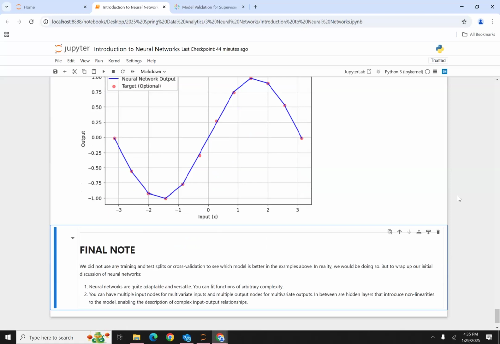And for the purposes of illustration, I just had one input node and one output node. In principle, you don't have to have just one input. You can consider multivariate inputs leading to multivariate outputs. So with that, we wrap up our discussion, introducing you to neural network architecture and how neural networks are capable of mimicking nonlinearities in our data.